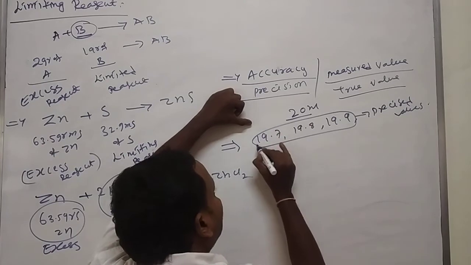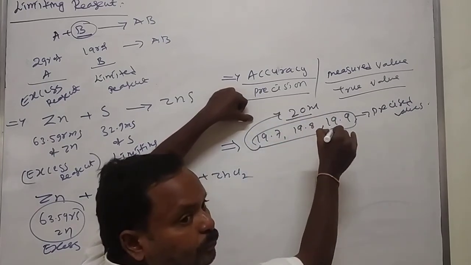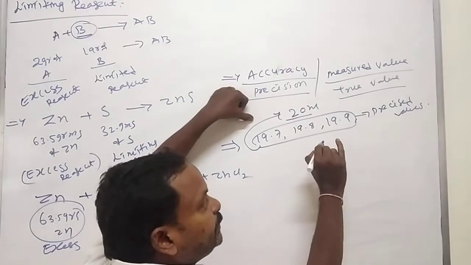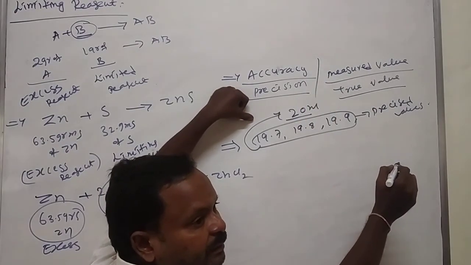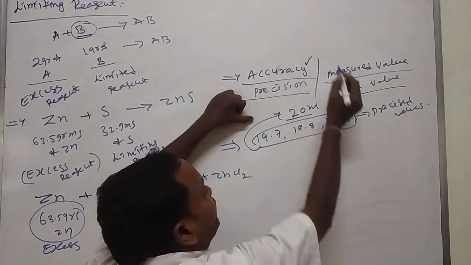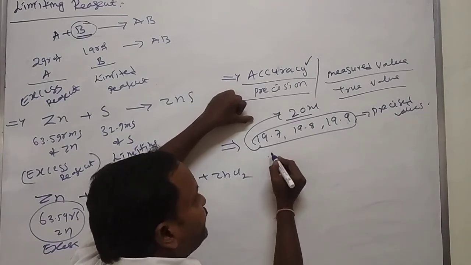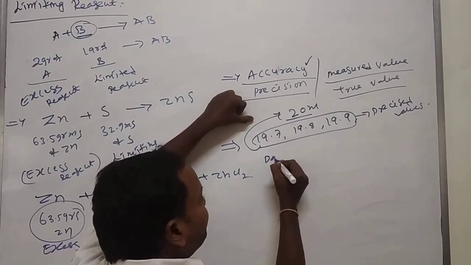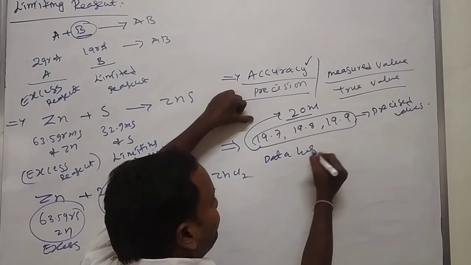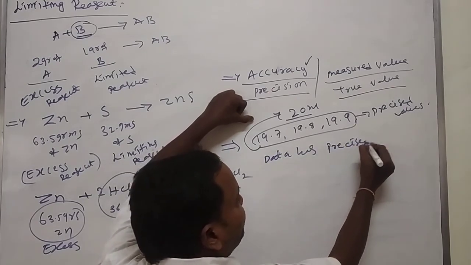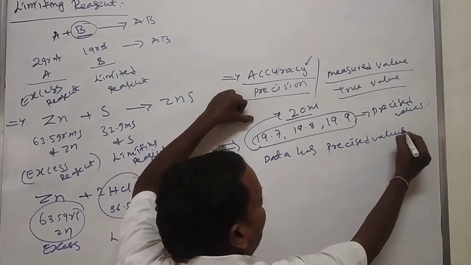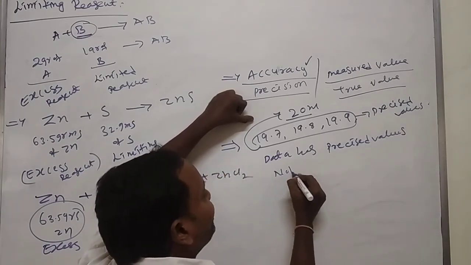All these values are near to 20. So this data has precision but not accuracy.